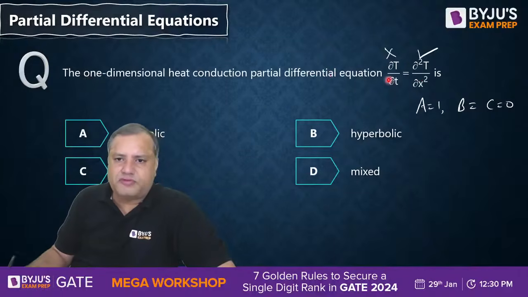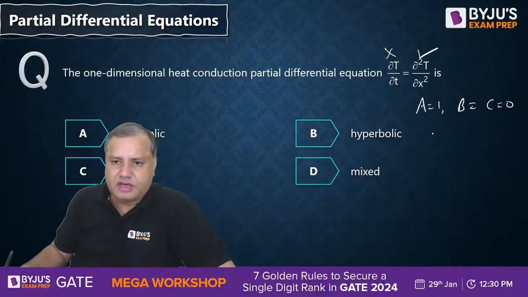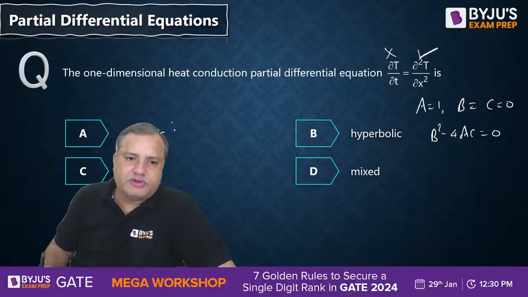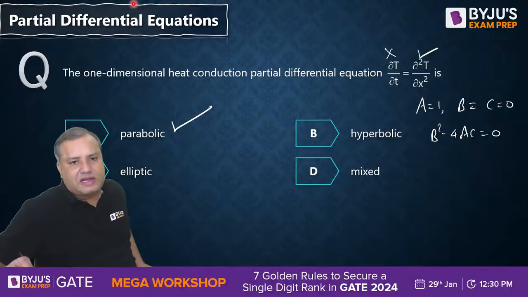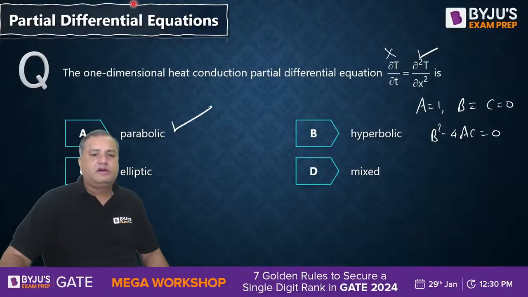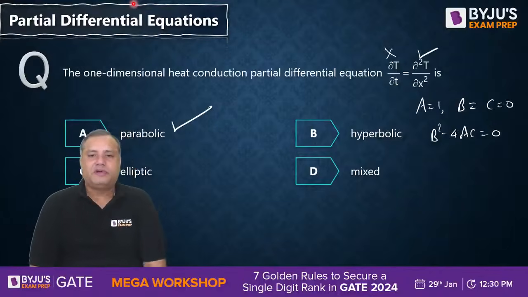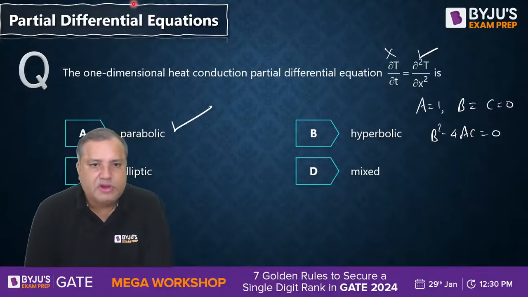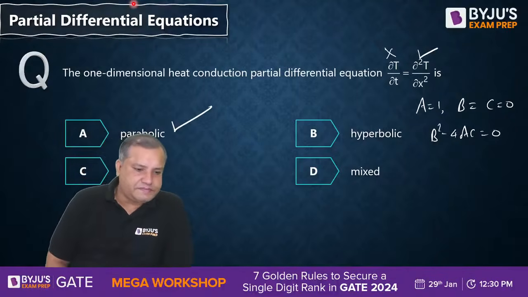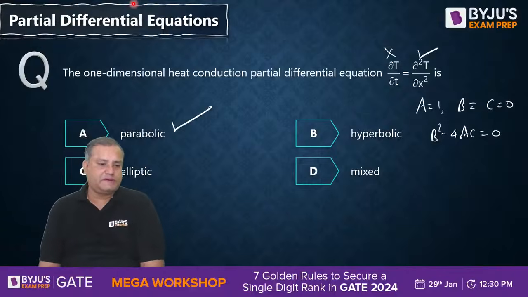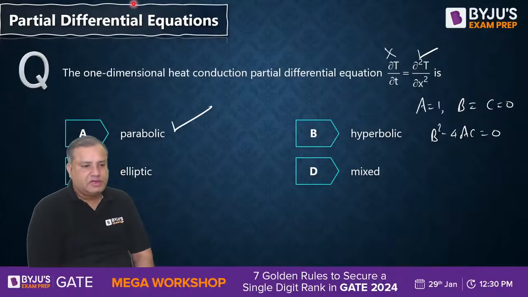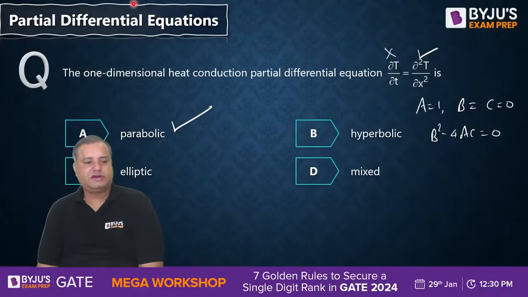So B square minus 4AC will be 0, so it will be parabolic equation. If someone asks you directly, what is the type of one dimensional heat equation? One dimensional heat equation is parabolic.